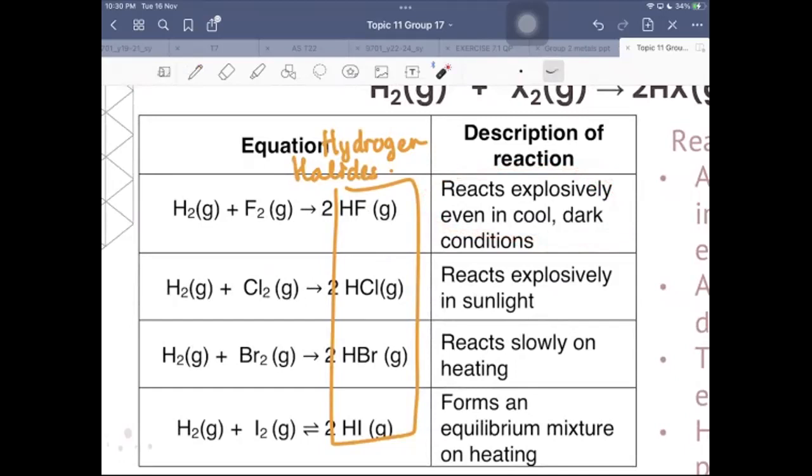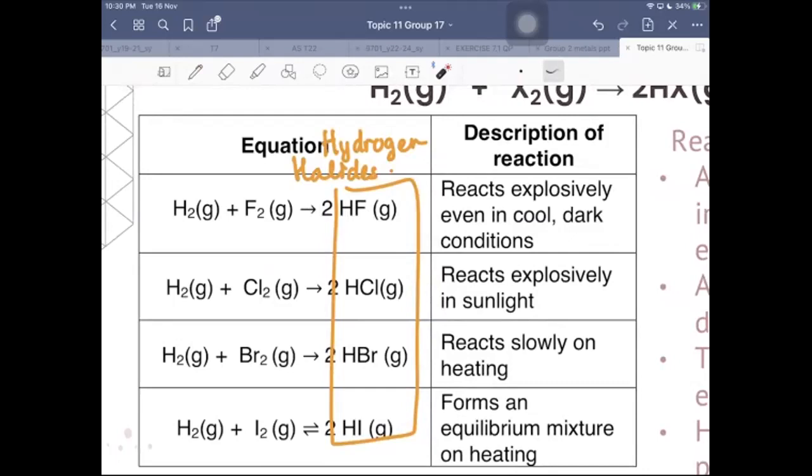That's how reactive fluorine is. Maybe that's why we don't look at fluorine that much. Next, with chlorine, it still reacts explosively. Okay, but you need sunlight, you need energy in the form of light. With bromine, you need to heat them in order to get them to react. So that means some form of heat energy is required for this reaction to happen to form your hydrogen bromide.